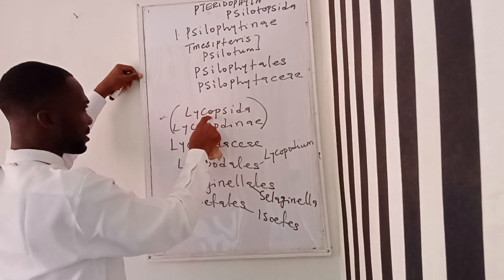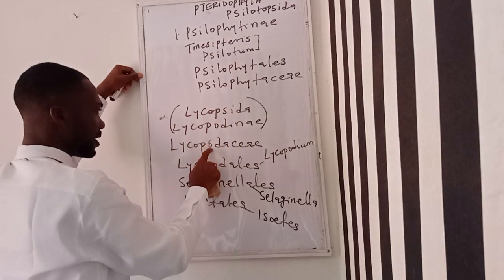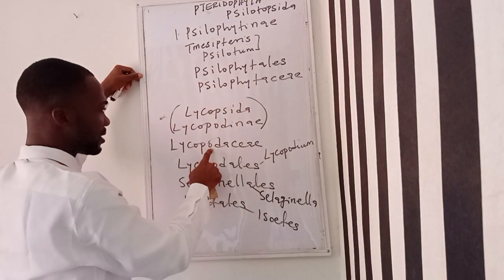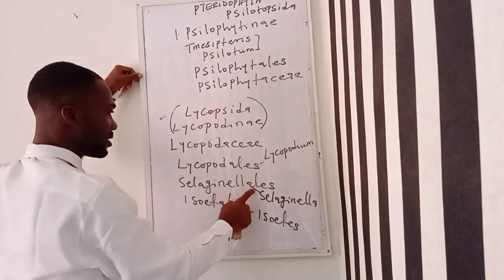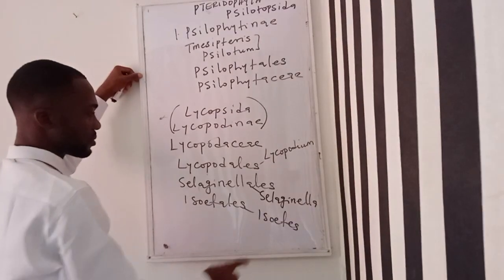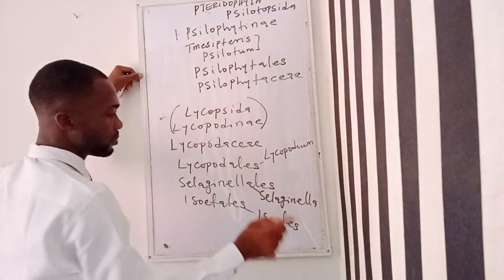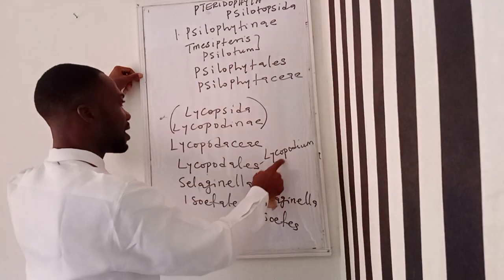So let's go into the third class. Remember, this is Lycopsida or Lycopodinae. They're the same thing. Then it has a family, Lycopodiaceae. Then it has three orders, Lycopodeus, Selaginellales, Isoetales. The Isoetes is the example, which is the genus. Then Selaginella and Lycopodium.